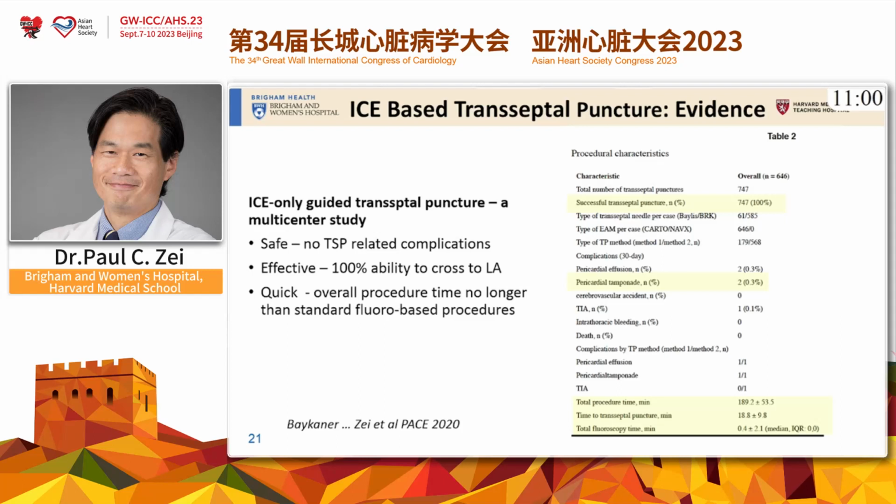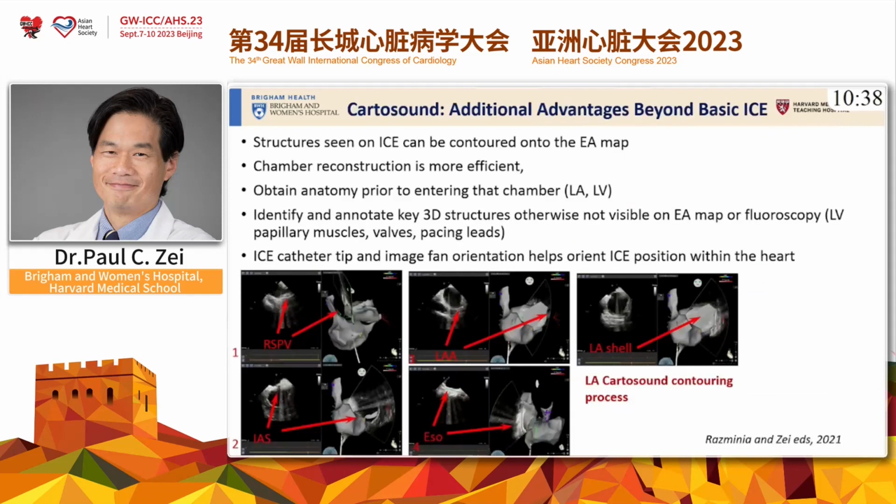This is a paper that we published in 2020, a multicenter study looking at over 700 transseptal puncture procedures performed with zero complications and a 100% success rate, and no increase in procedural time. So I think this is safe, feasible, and efficient as well.